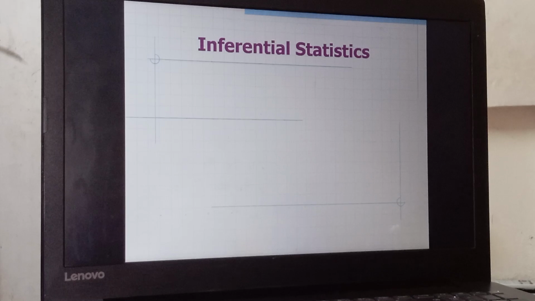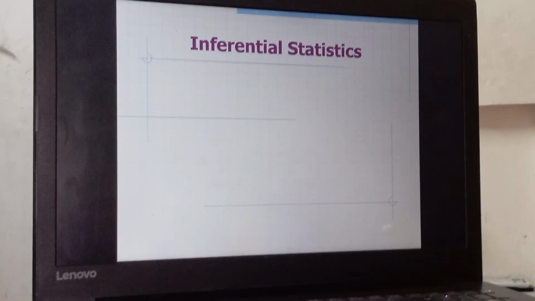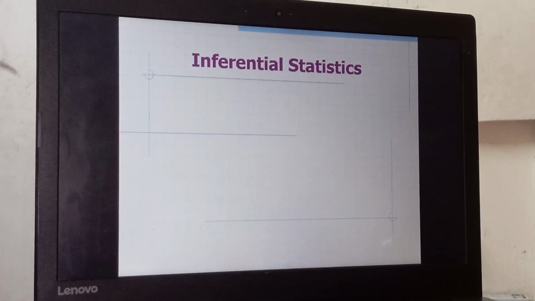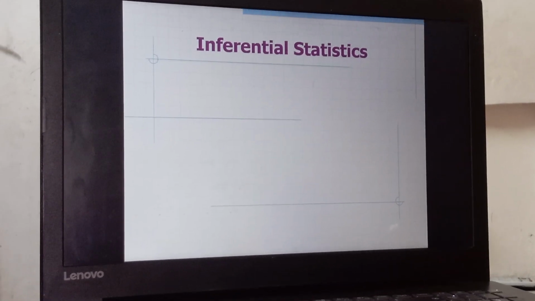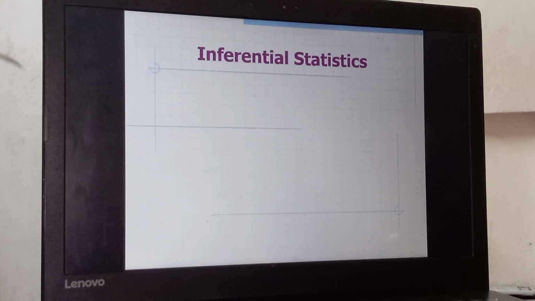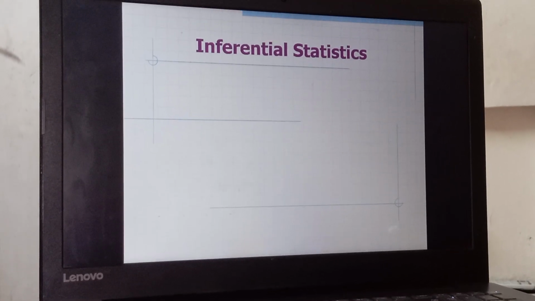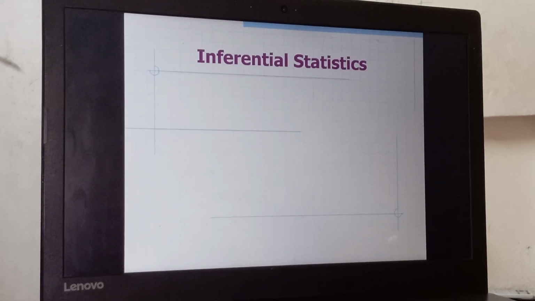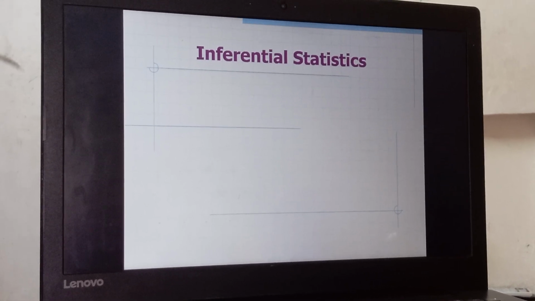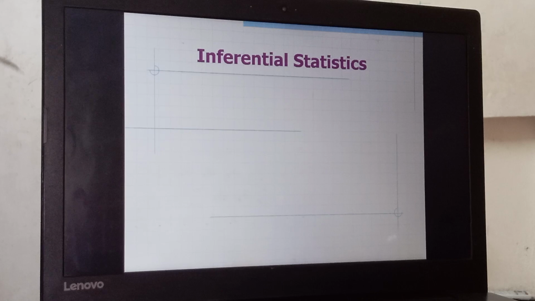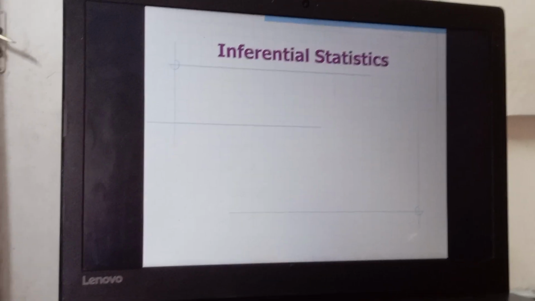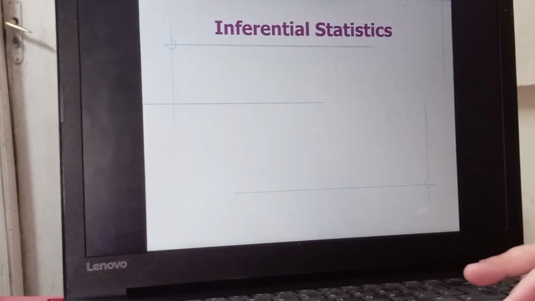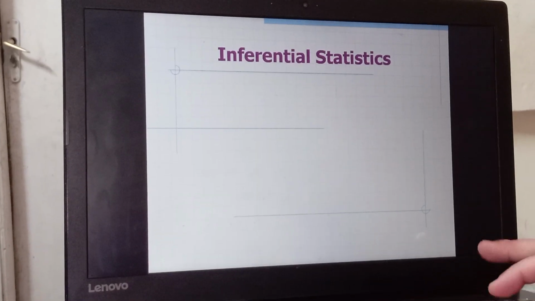Descriptive, as I have already discussed, is meant only to describe the data, whatsoever has been collected: what was the mean age of the participants, how many males or females were included in the study. But in order to reach some scientific conclusion, to scientifically, statistically verify our results, we make use of inferential statistics.